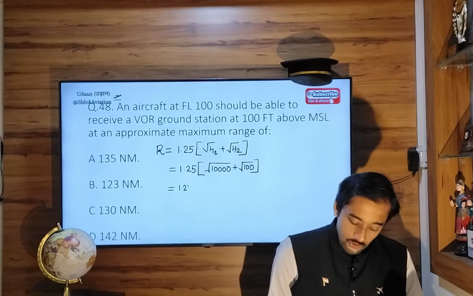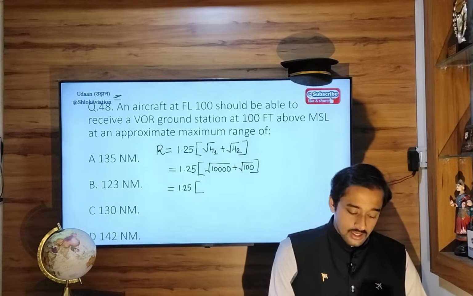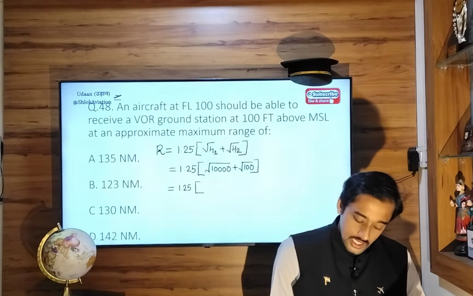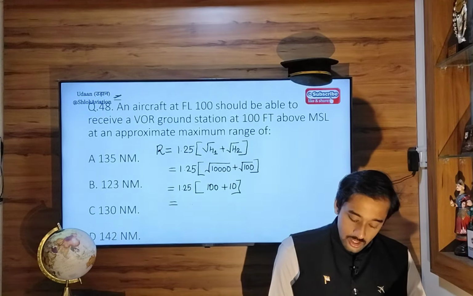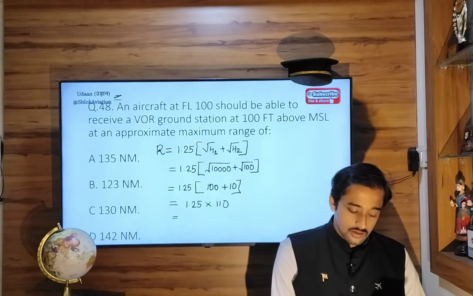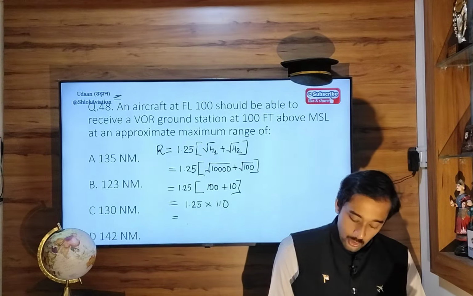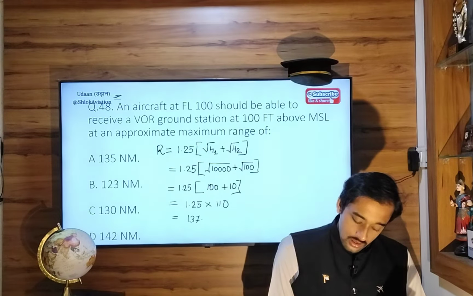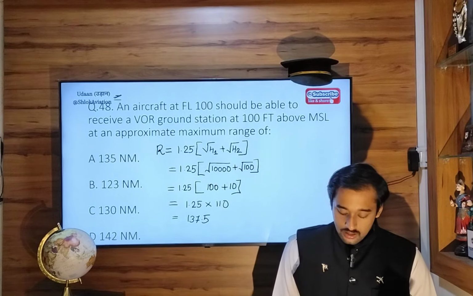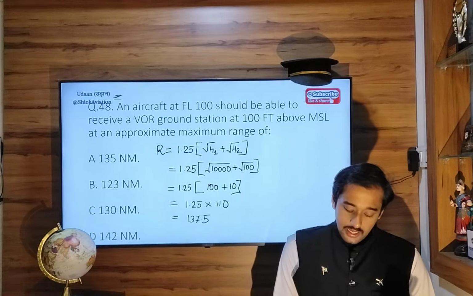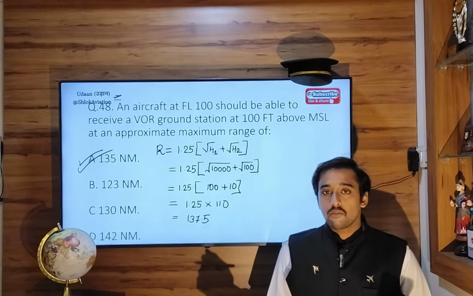So 1.25, the square root of 10,000 is 100 and the square root of 100 is 10. So 1.25 multiplied by 110 is 137.5. So the correct answer will be, better to select option A, 135 nautical miles.